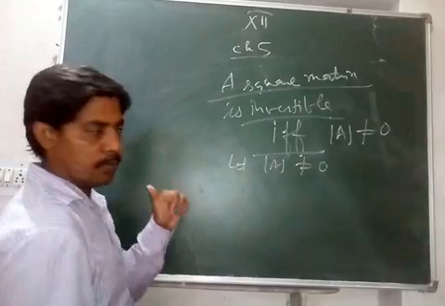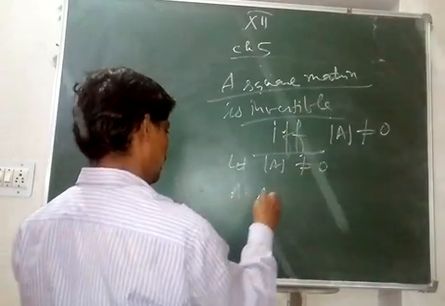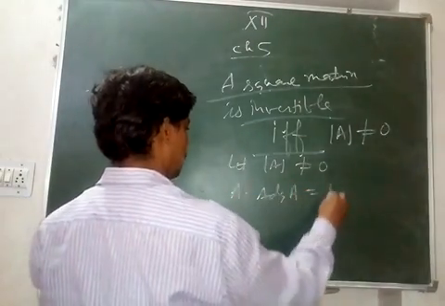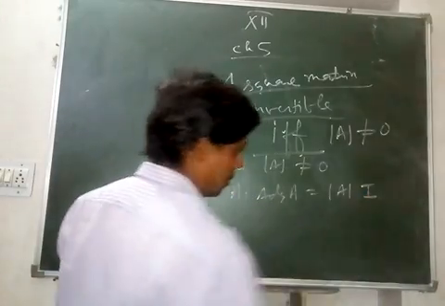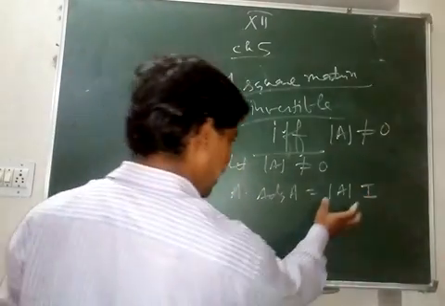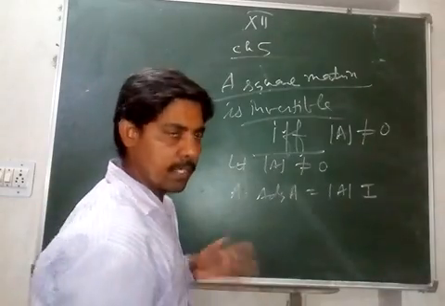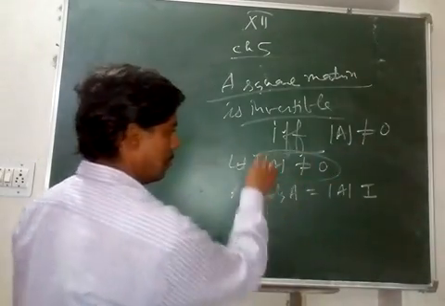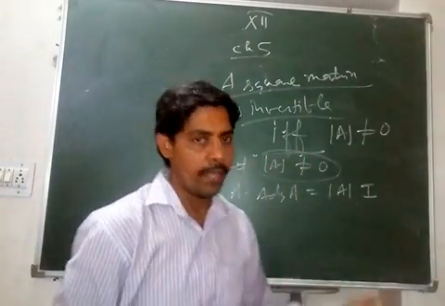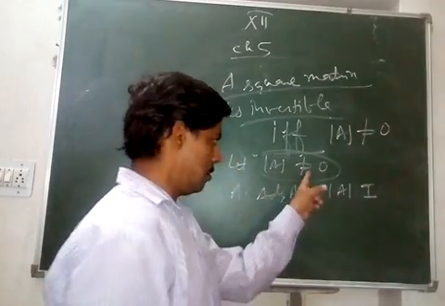Now we will use the previous property: A into adjoint A is equal to determinant A into I. Now I divide by determinant A, because determinant A is a real number and it is not equal to 0. If it is 0 then we cannot divide, but if it is non-zero we can divide.